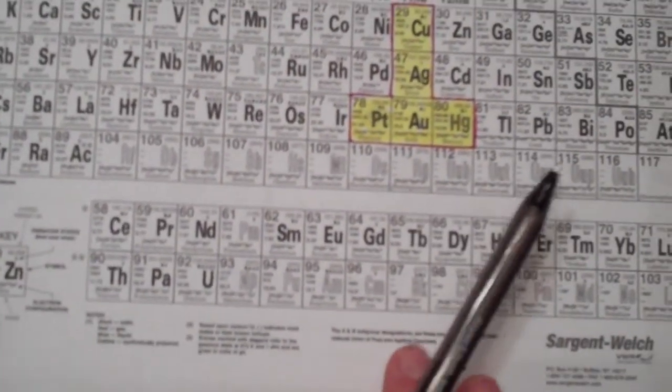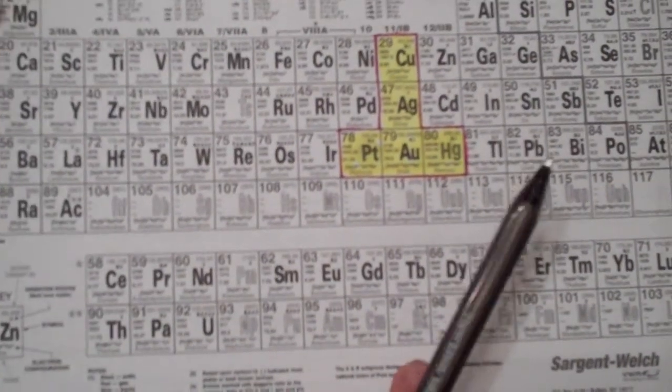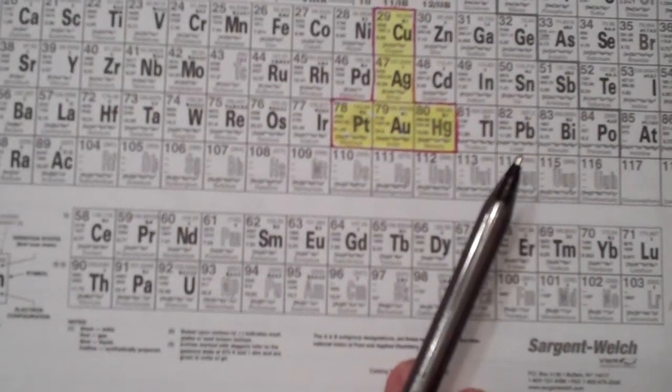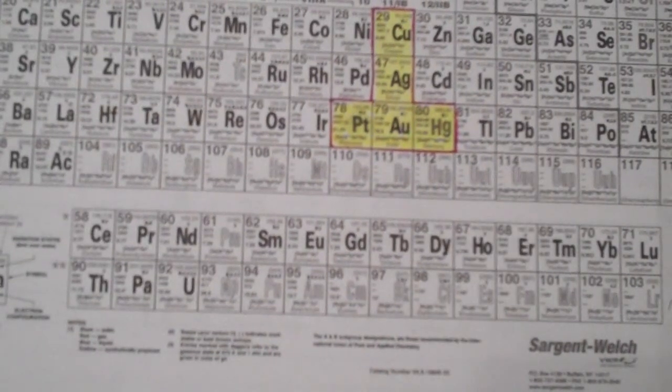But look at what we see here shown in yellow. This upside down T. If you look at the elements that are found there, these 5 elements are often referred to as precious metals because we use these to make our jewelry. These are the least reactive metals.